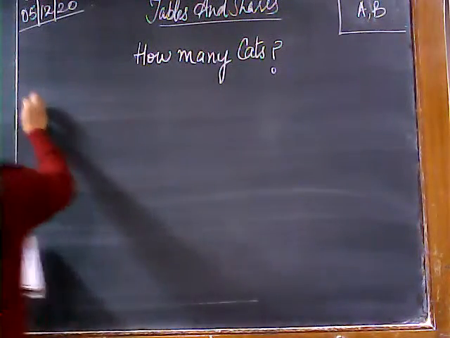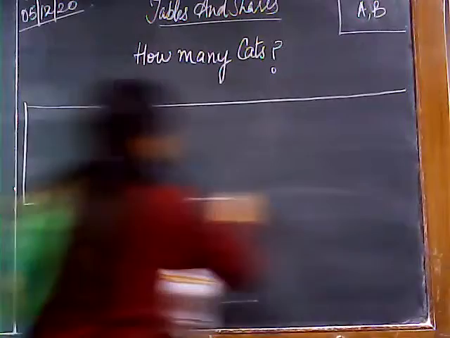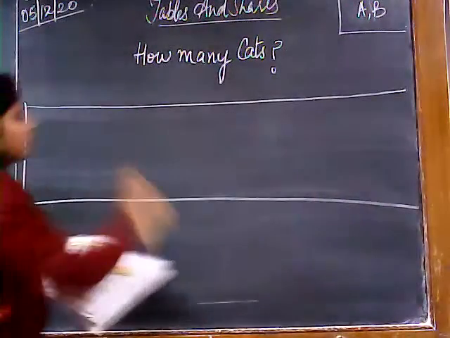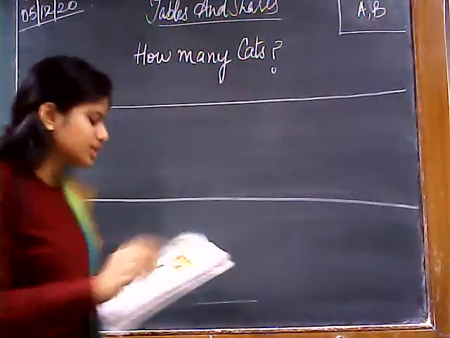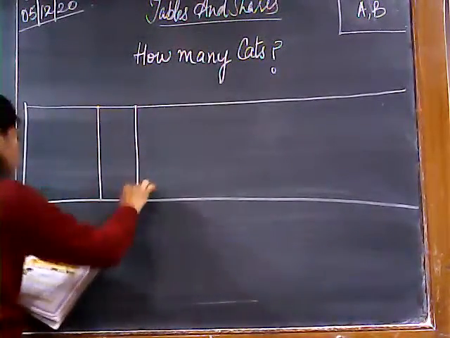So the answer is made in this table. Okay, children, there is nothing to be done in your notebook. What I am doing is discussing a question of your textbook only. So this will be a part of our discussion only.